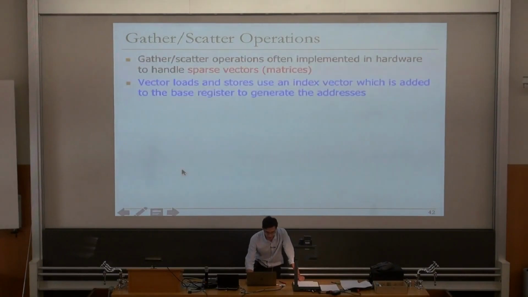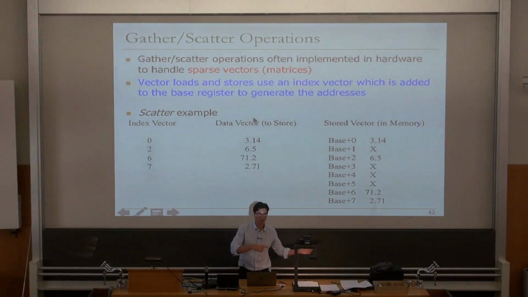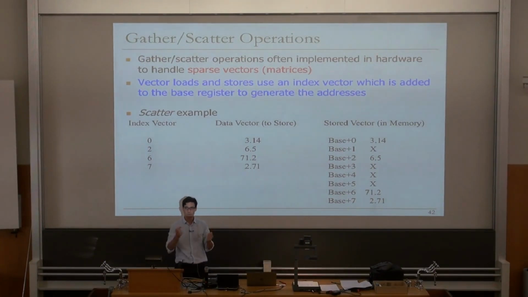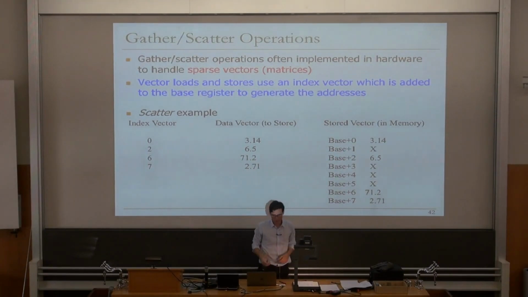And it's the same for a scatter example. You have one scatter example here. This is the index vector. This will be the array D in the previous example. This is the data vector. This is what we want to store somewhere in memory. Observe that the difference between the previous example and this example is that in the previous example we are gathering, we are reading from different positions in memory that are given by the index array, and here what we are doing is scattering.